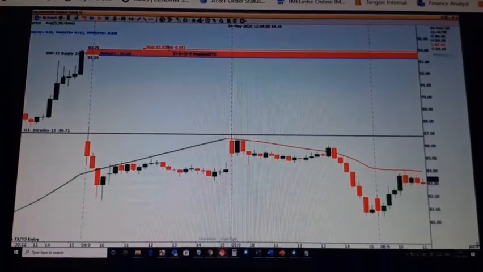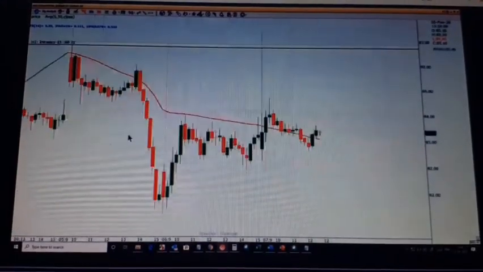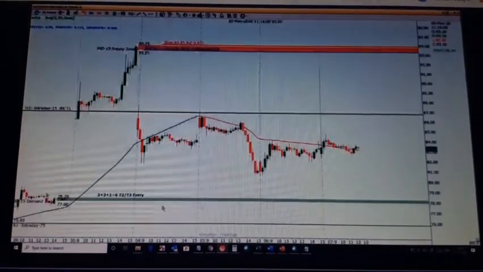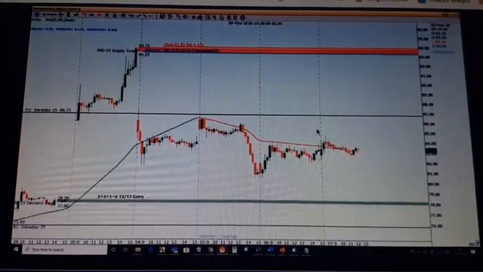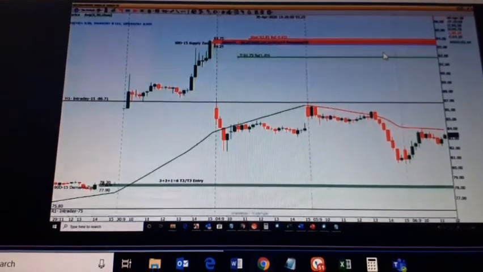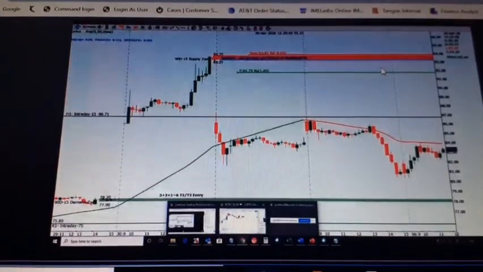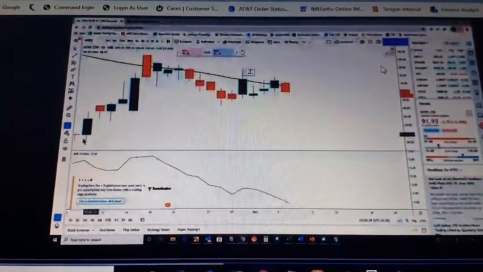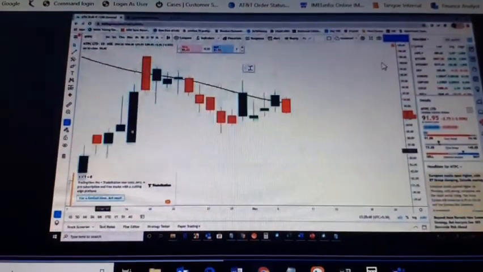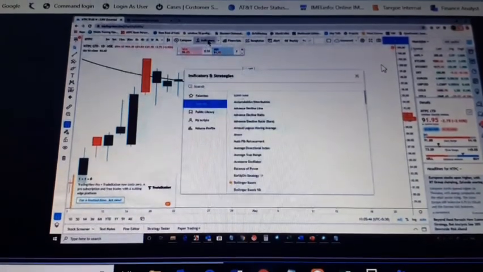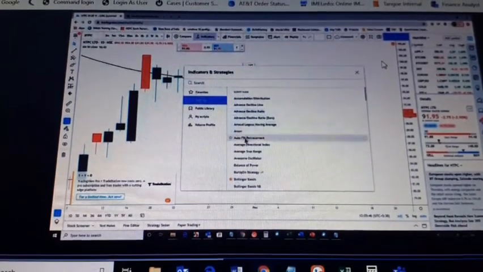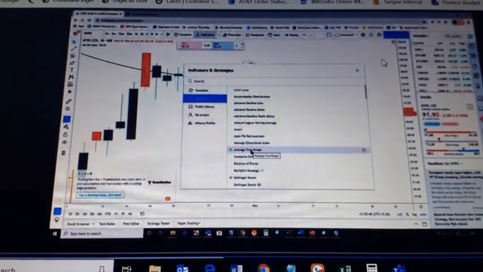In this case, the target will be this demand zone, because this is the fresh demand zone that we have. This is the only fresh demand zone. You go here to indicators, go here and use this ATR, average true range tool.